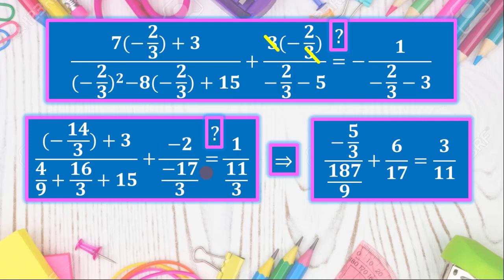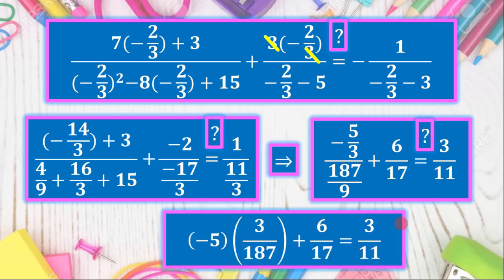Then simplifying this will give us positive 6 over 17. And this is equal to 3 over 11. But we still have to put a question mark because we are not yet sure. And the final step is, this is negative 5 times quantity 3 over 187 plus 6 over 17.